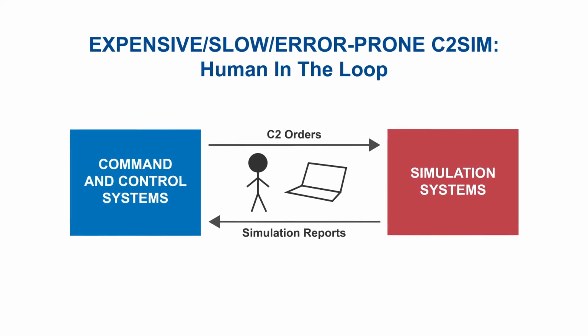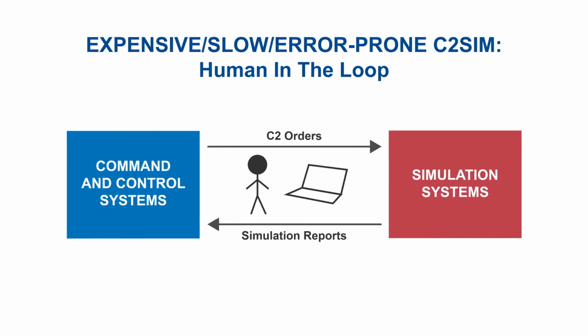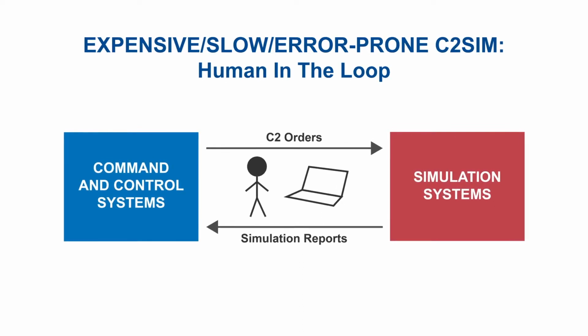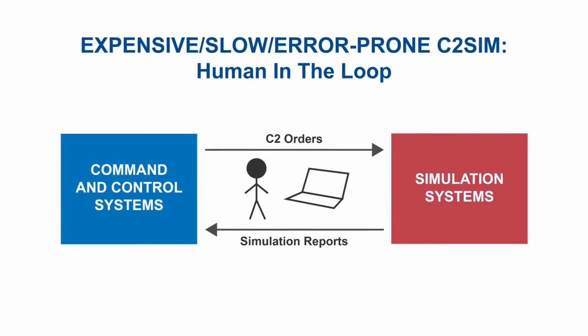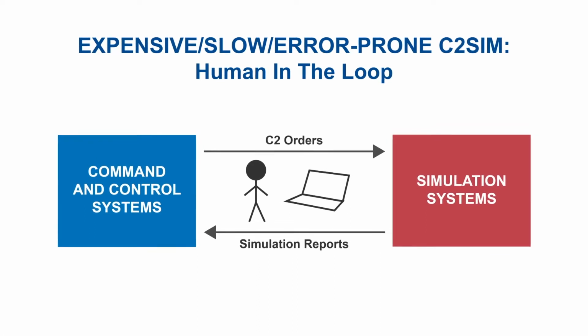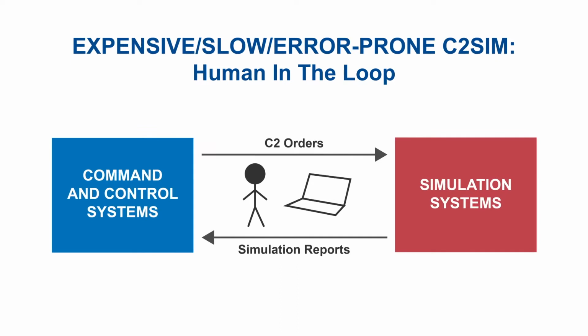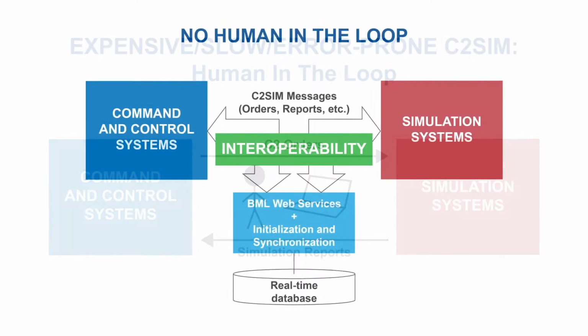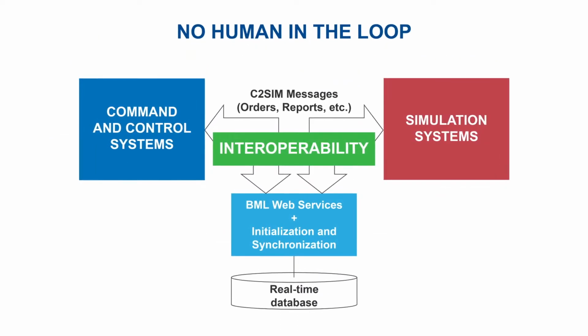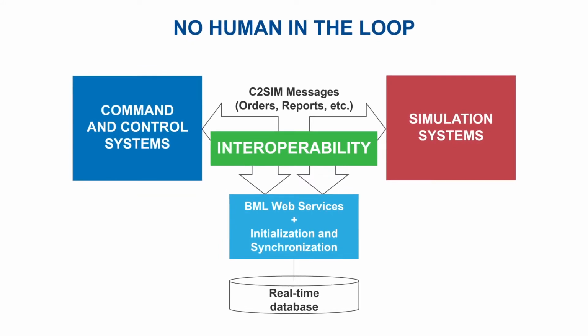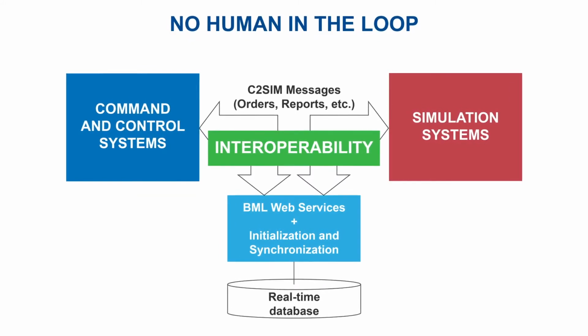C2 Sim, previously called Battle Management Language, provides a way to link the systems so that orders and reports flow directly between C2 and simulation systems, and it can work among different C2 and simulation systems used in coalition operations involving military of multiple nations, providing a very important capability called interoperability.